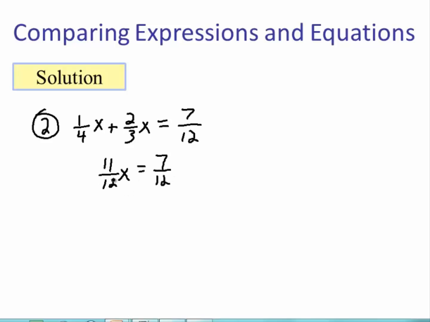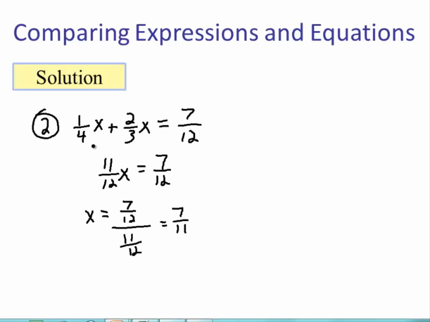Then we could divide by 11/12, and we would get x is equal to 7/12 divided by 11/12, which turns out to be 7/11.